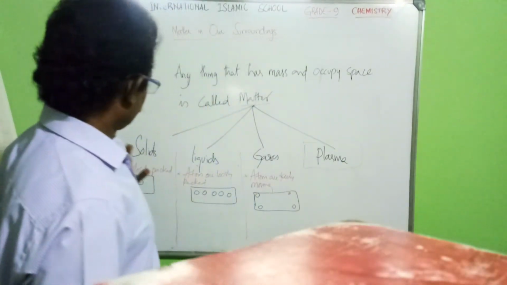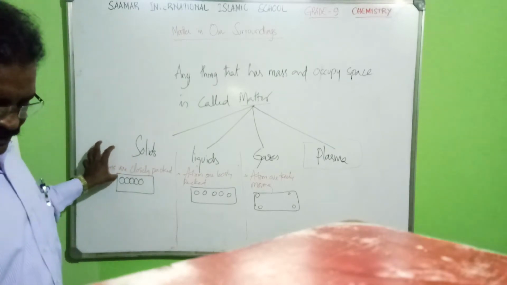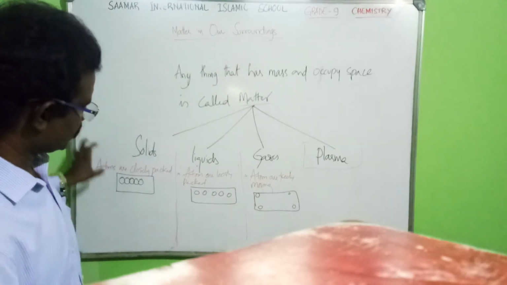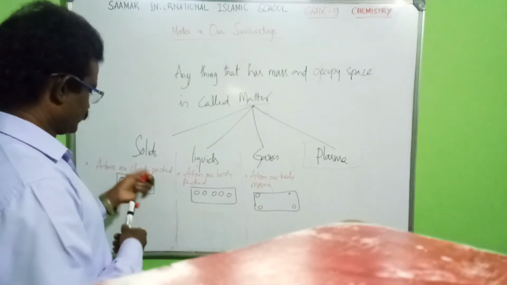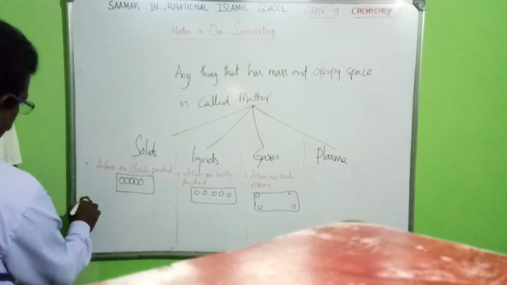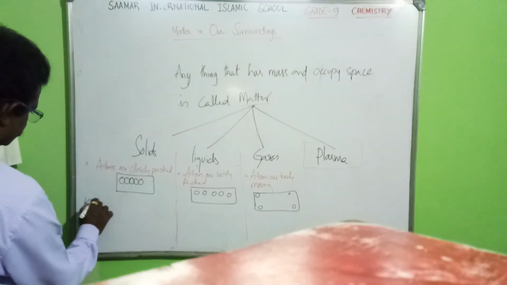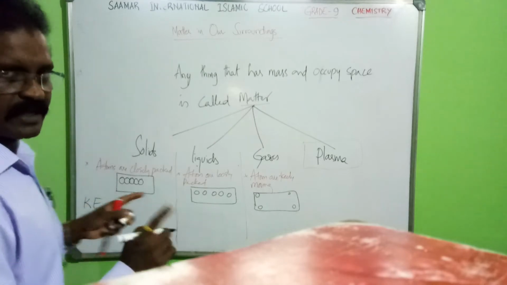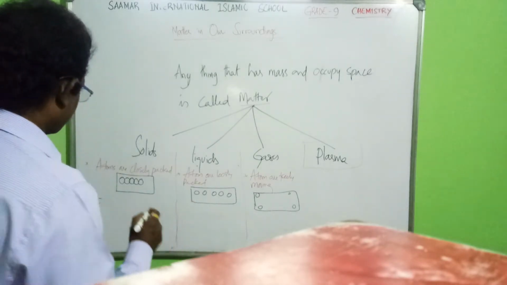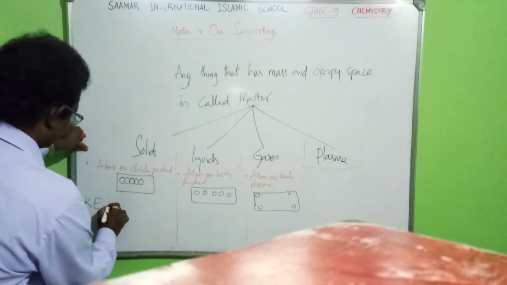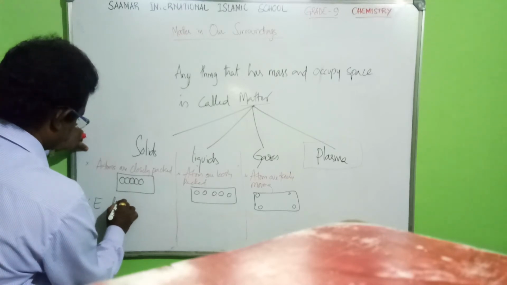Now, this first point I give you. The second point, what we say here, is kinetic energy. What do you mean by kinetic energy? The energy excited between the 2 atoms.